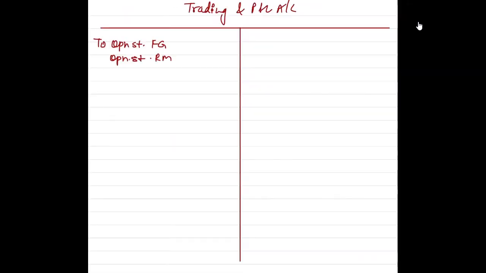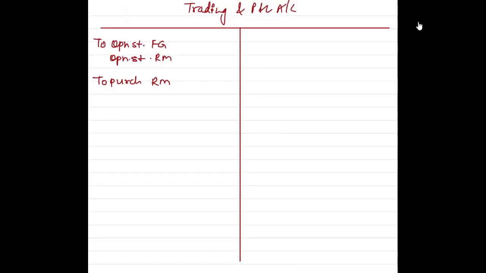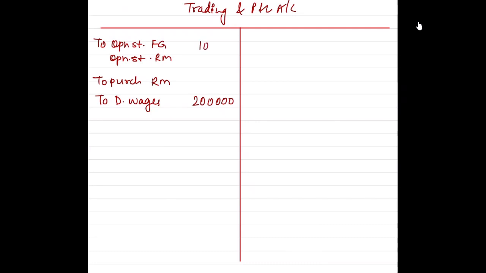Then we have purchase of raw material. Then we have direct wages of 2 lakh. Let us also put the figures. Raw material was 50,000, finished goods was 1 lakh opening stock, and purchases of raw material was 3 lakhs.